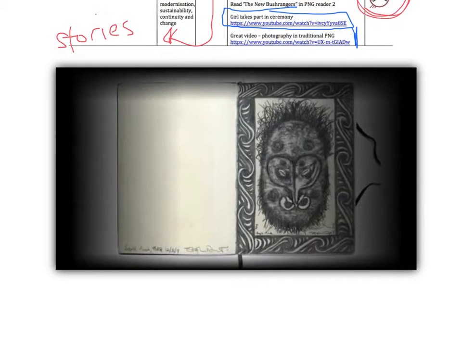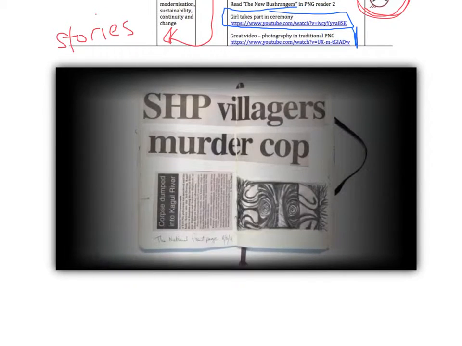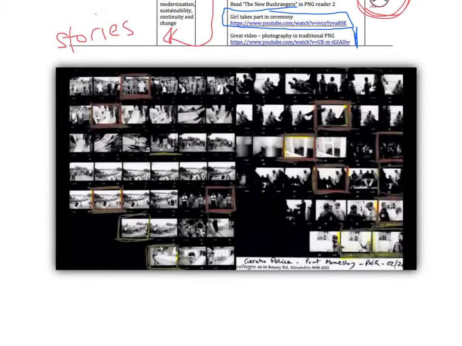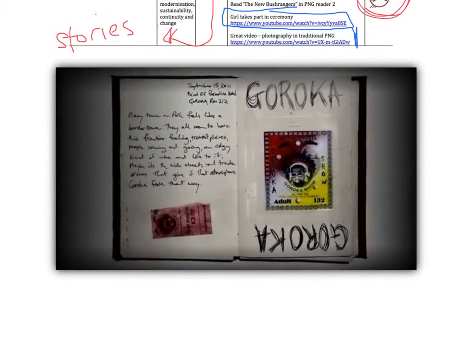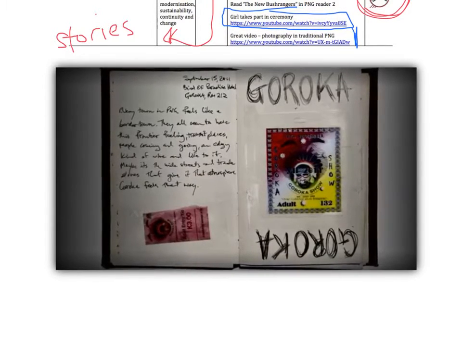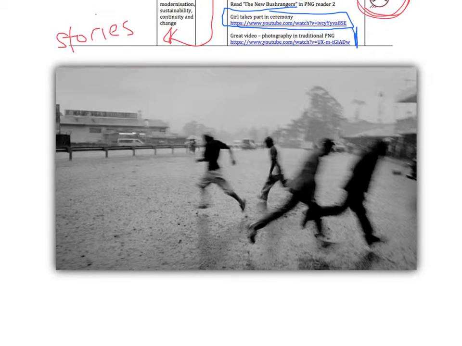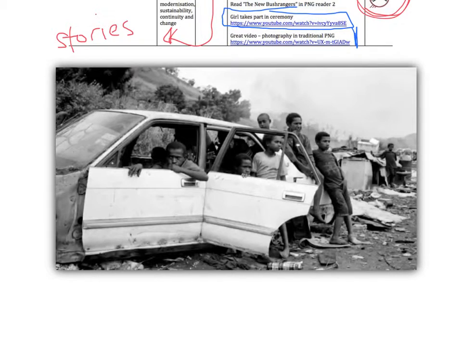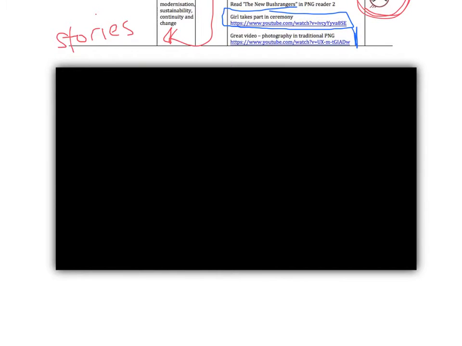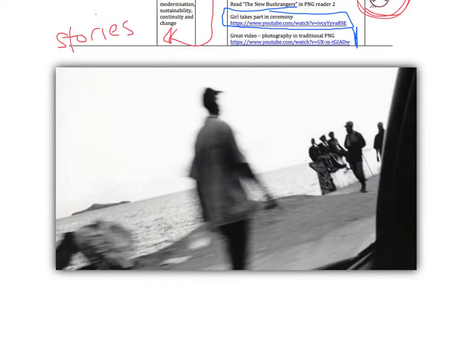So I'm now sketching and I'm putting in clippings and making collages, and they become very much a part of my entire body of work. September 15, 2011, Bird of Paradise Hotel, Goroka, room 212. Every town in PNG feels like a border town. They all seem to have this frontier feeling, transit places, people coming and going, an edgy kind of vibe and life to it.